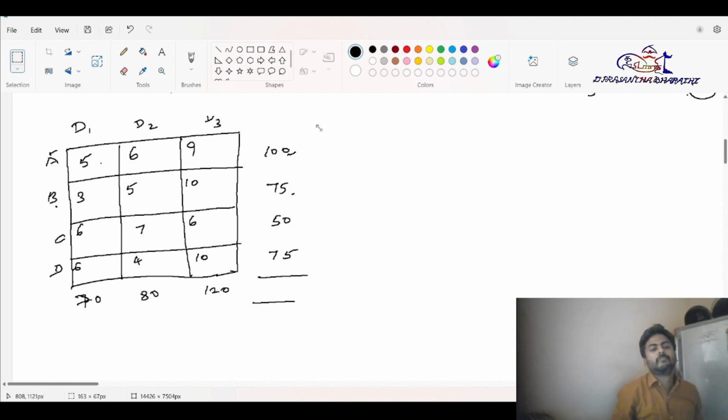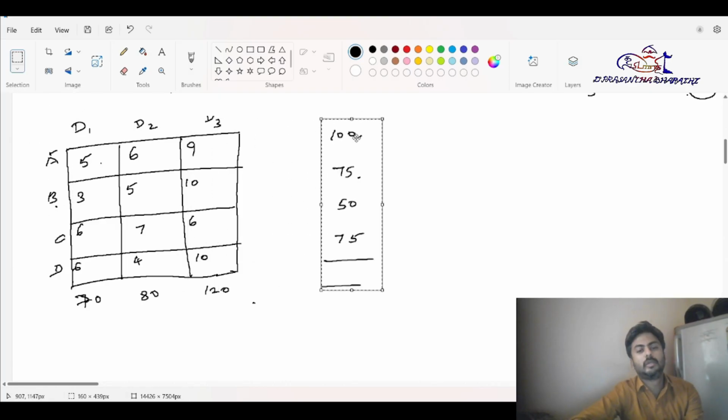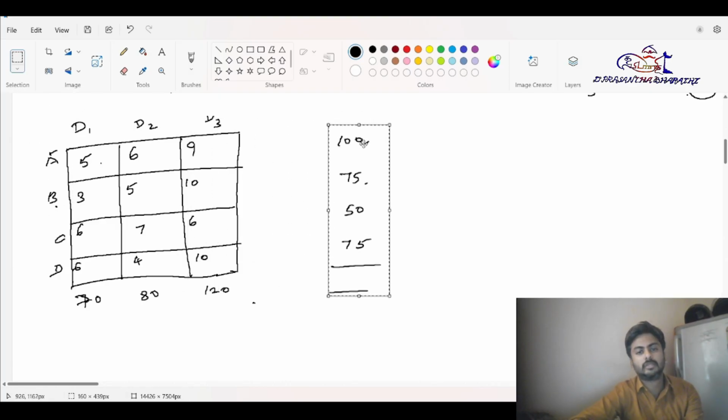Now you want to balance it, so you want to add the 30. How to add the 30? To add the 30, you need to add another column. Now paste it here.